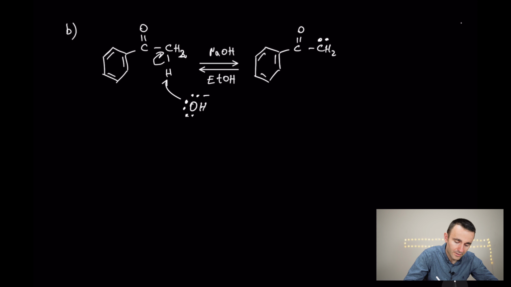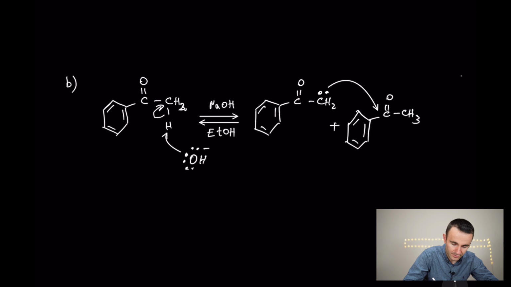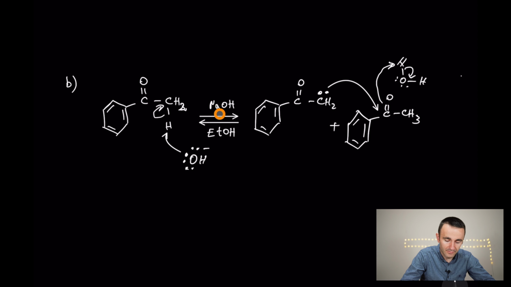right? And this is going to react with another molecule. Now, this is going to attack this one here, and another molecule of water is going to do the protonation of this here and regenerate the base, because the base is in catalytic amount, right? So how are you going to make the connection of the new carbon-carbon bond?